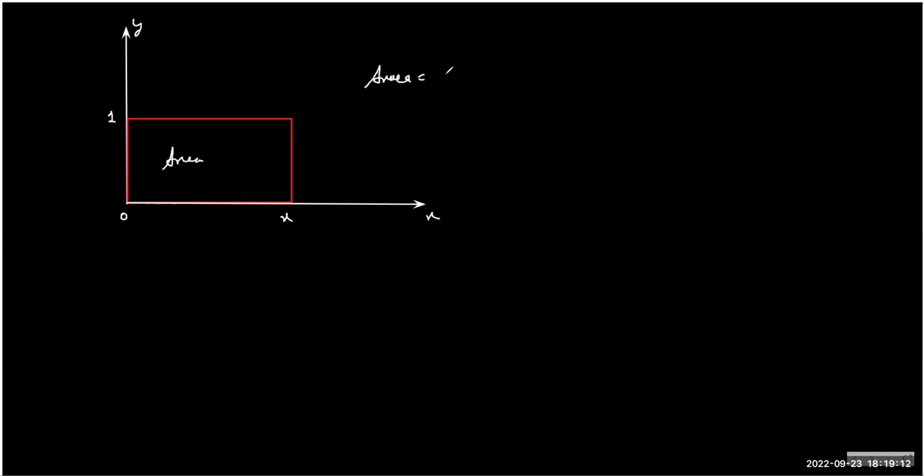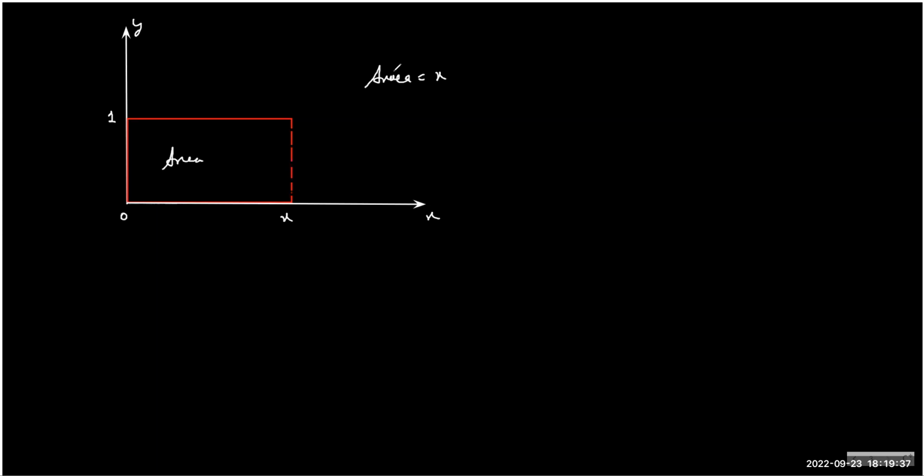Area equals x, which is the right answer. And from where to where did we integrate? What is the limit of integration? 0 to x. Very good. Are you all comfortable with the meaning of this? It is 0 to x.